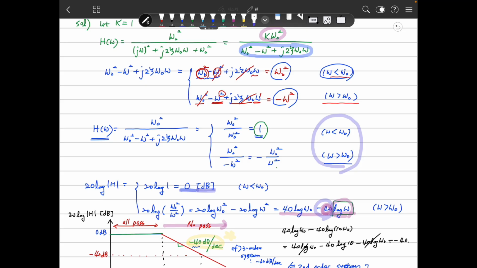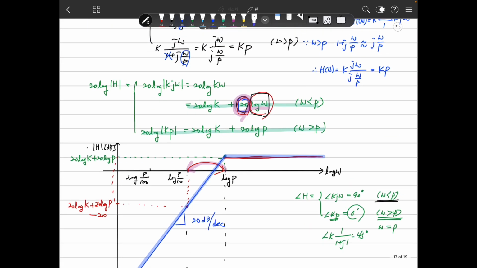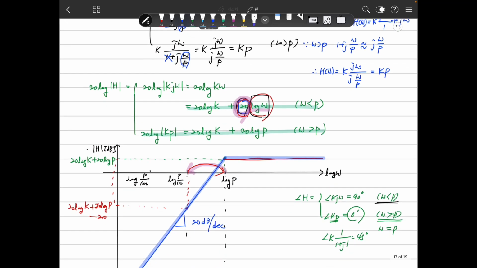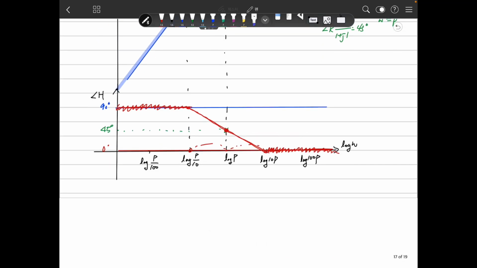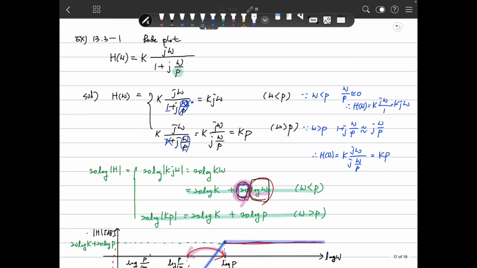At the point of the corner frequency, they have a minus 40 dB per decade in the Bode plot. So this is a very important thing. I will give you an example. In this case, what happens? This is the denominator, where we meet the omega here.